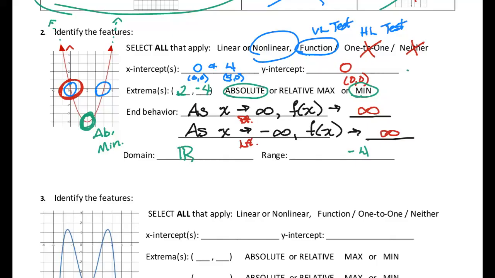X or Y? It's the Y values, right? Do I have a Y value that's equal to -4? Yeah, that's your minimum. So it's equal to -4, and then what else? Is it higher than -4? Or is my graph going lower than -4? Which way?